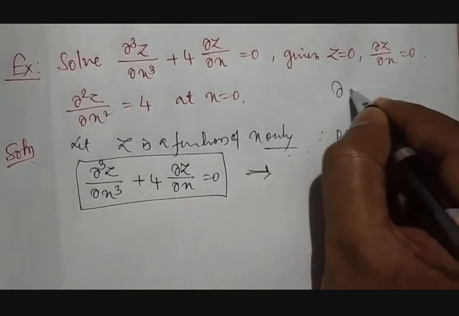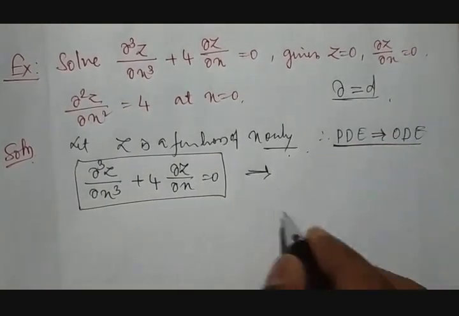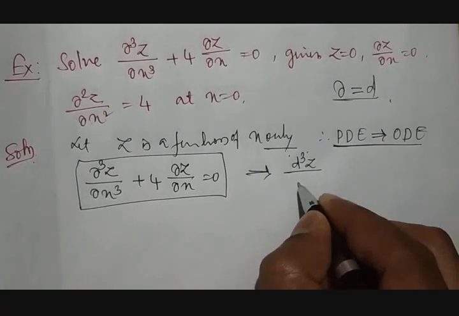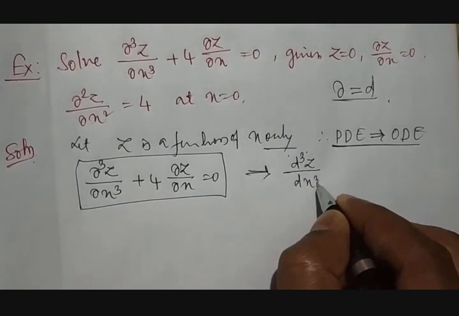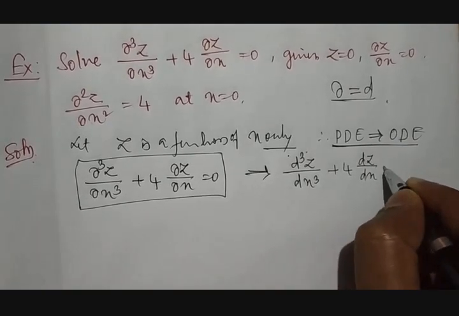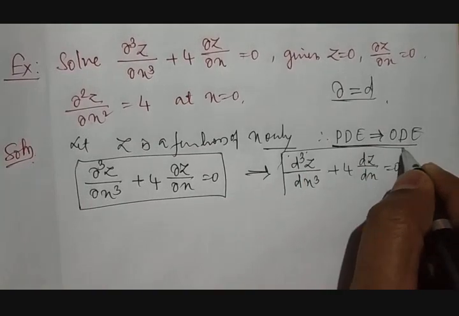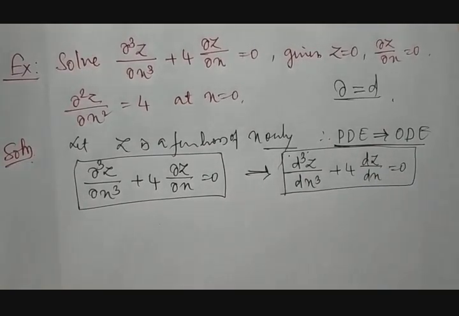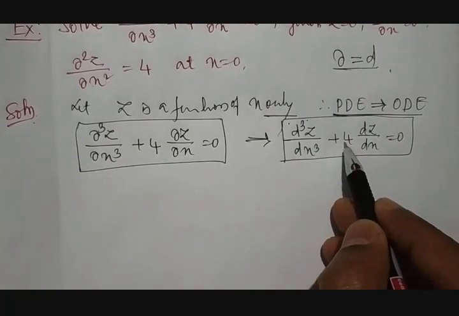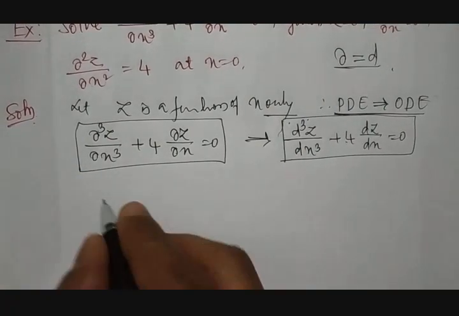Ordinary means ∂ will be replaced by d. Therefore, it becomes d³z/dx³ + 4 dz/dx = 0.